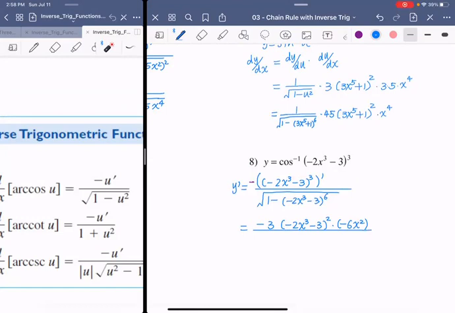Next, divided by this guy. This is negative, but to the power of an even number, you can flip this to be positive. It's going to be the same answer, right?